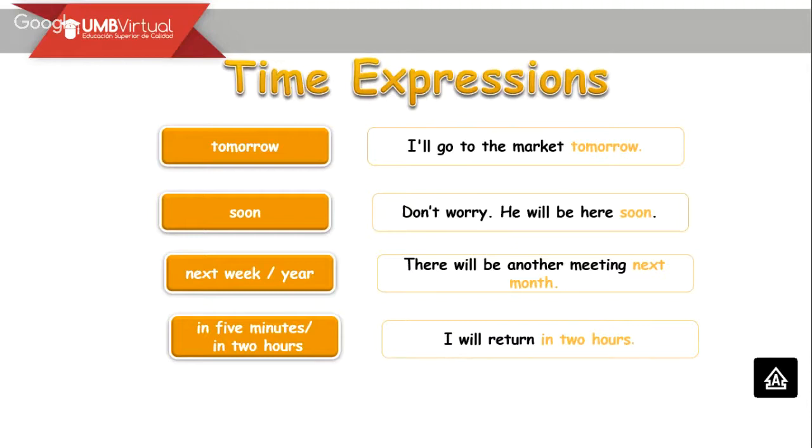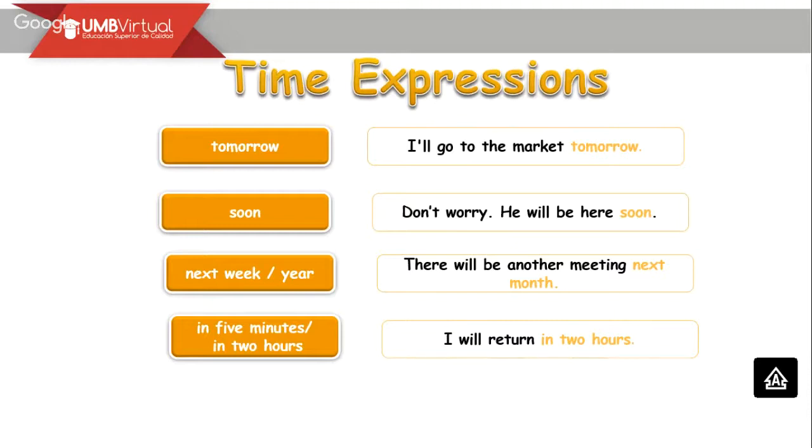Next week, next year, la próxima semana o el próximo año. There will be another meeting next month or next year or next week. All of them are possible. And finally, in 5 minutes or in 2 hours. I will return in 2 hours or in 2 minutes or in 5 minutes. Yeah, all of them are possible.